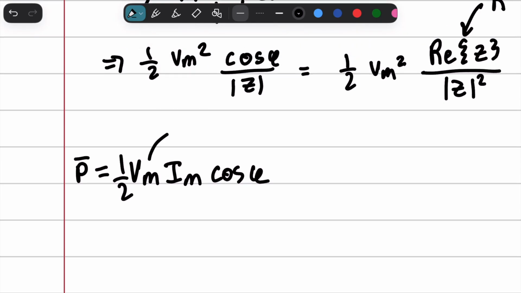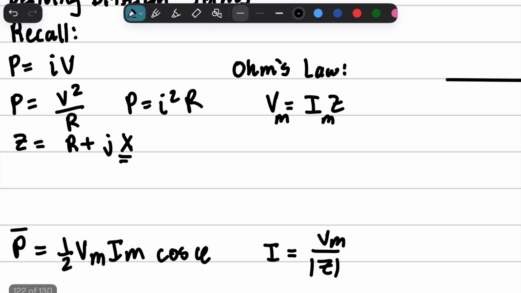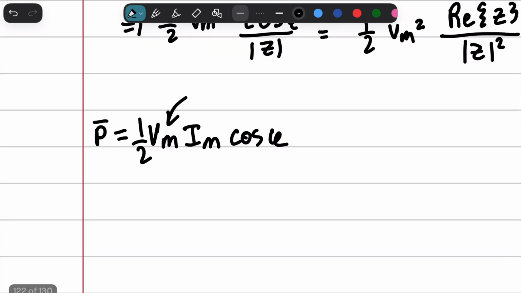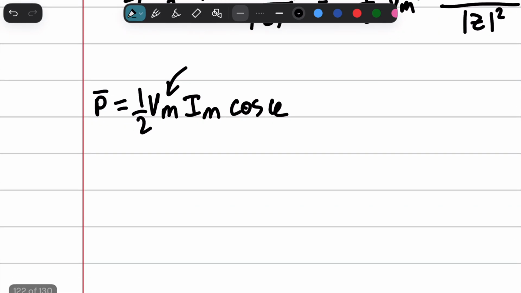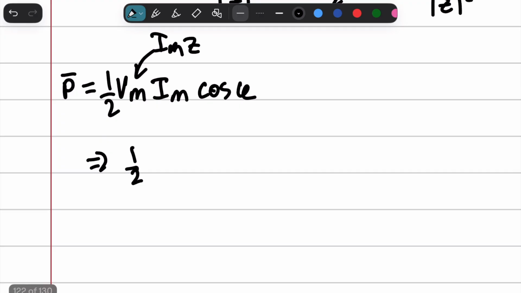And this time we're going to change the Vm. And we know that the Vm is just going to be I times magnitude Z, right? And so it's going to look like this, 1/2. You plug in the Im because it's replaced like that. And it's just going to be Im squared Z cosine phi right here.